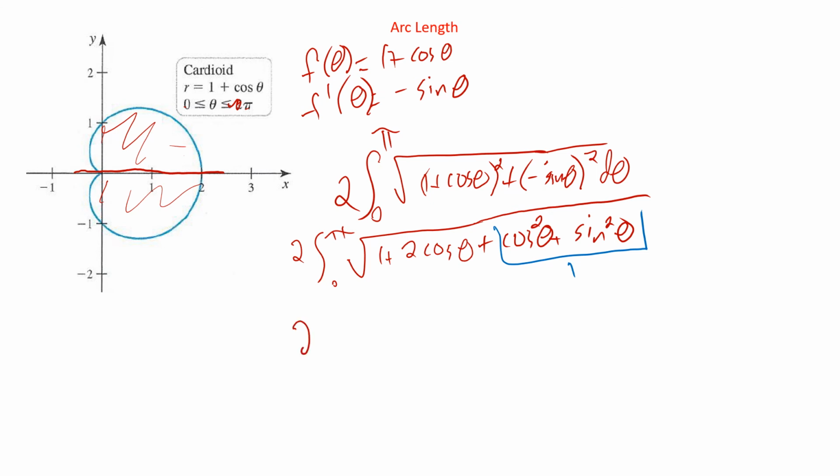We'll have 2 times, or 2 from 0 to pi, 1 plus 1 will be 2 plus 2 cosine theta d theta.